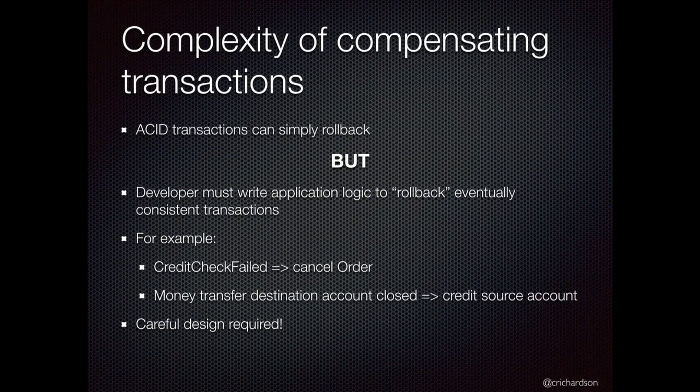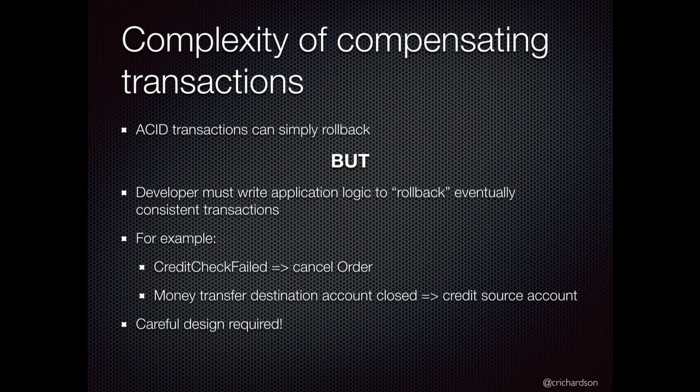It definitely has downsides, and one big downside is the need to write compensating transactions. If you think about rollback when you're using ACID transactions, you can update or insert as many rows as you like, and then if you decide at some point that some business rule is violated, you simply roll back the transaction, and it's as if nothing has happened.